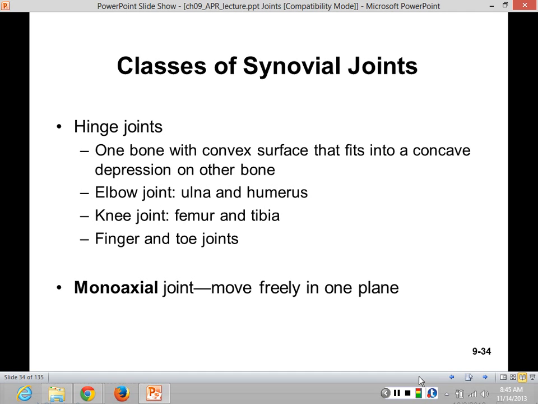Do they have these on the page? I don't see that. Yeah, they do. Page 290, they're showing you the ulna and the humerus and the articulation between the two. Okay? So which way is this bone moving when I do that, based on what you see on page 290? What movement is this?